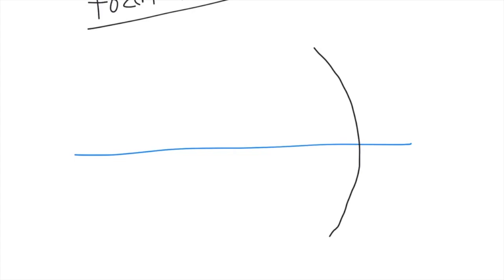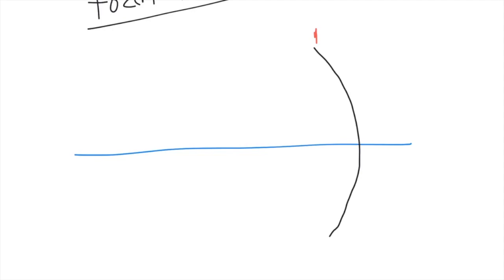So let's talk about what happens when we have incoming light rays coming in at angles. Remember the law of reflection. We have a mirror right here that is curved. It's kind of like looking at the inside of a spoon. The middle of the mirror is farther away, and we just said that that's called a concave mirror.